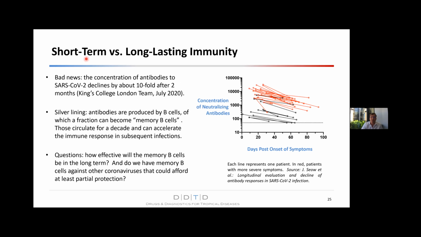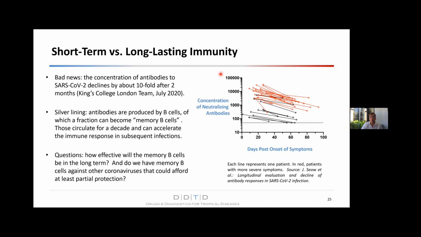One is a matter of short-term versus long-lasting immunity. So the bad news is that the concentration of antibodies to SARS-CoV-2 declines by about tenfold after 2 months. This data was just published by a team from King's College London. And here's the graph from their publication. On the x-axis, you have the days that have elapsed since the beginning of the symptoms.